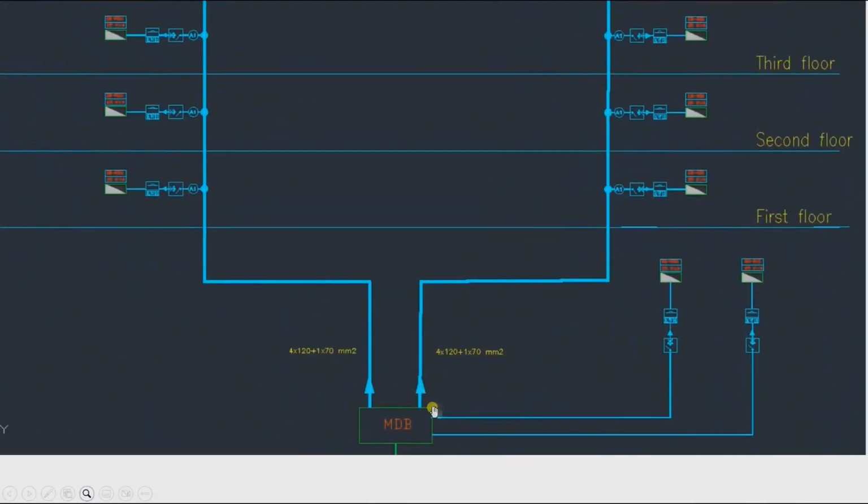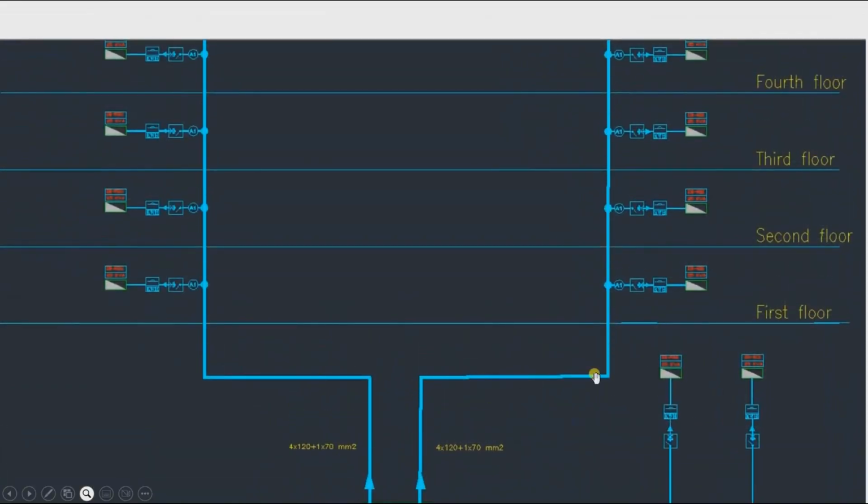Now you can see we have the main distribution board. This distribution board, which can be at the entrance of the building itself, is used to provide electrical power to what? To these panels, right? It goes from here to this panel and this one.